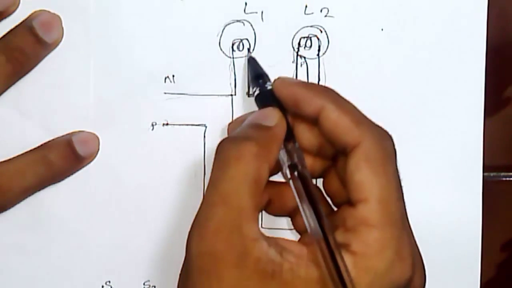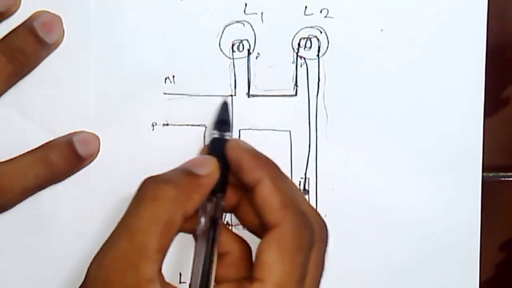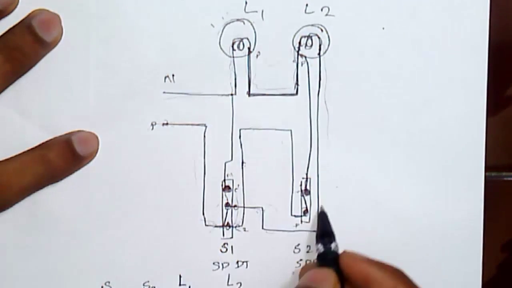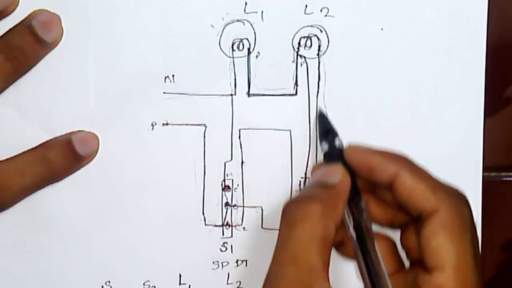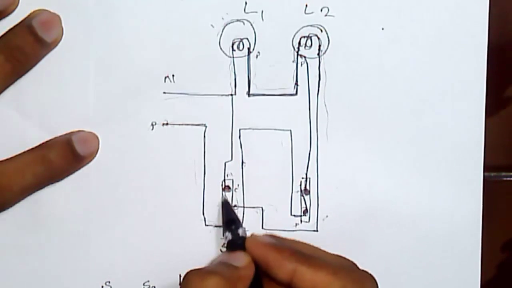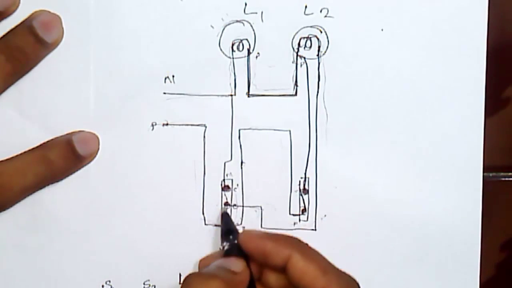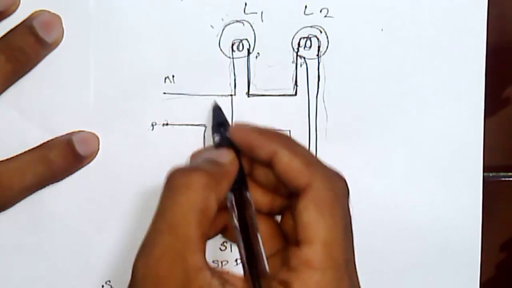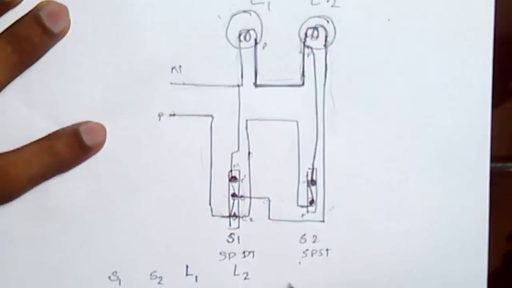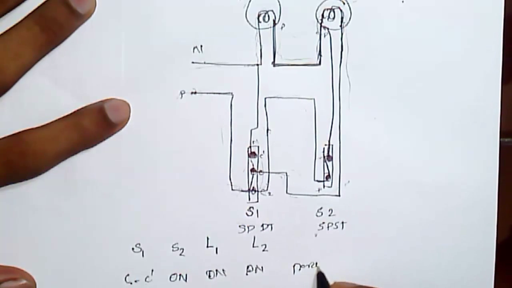So both bulbs have phase here, and this bulb is connected to neutral directly, so it glows. The other end of bulb L2 is connected to the common point, and from the common point to C dash, C1 dash, that pole which is connected to neutral, so both bulbs glow. It is a parallel condition.